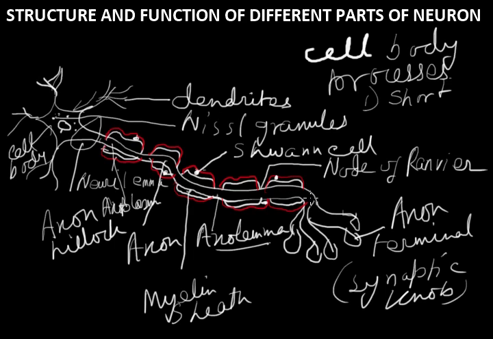Finally, the axon terminates in a swollen or bulged distal portion, which is known as the synaptic knob, which contains synaptic vesicles possessing neurotransmitter.